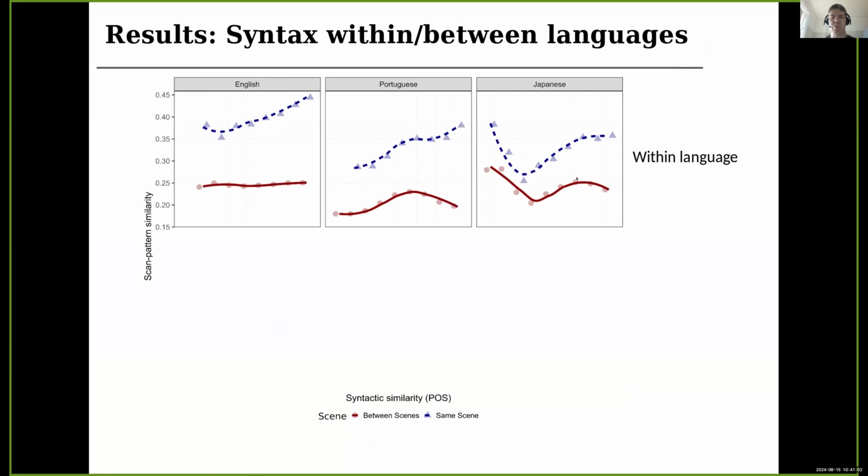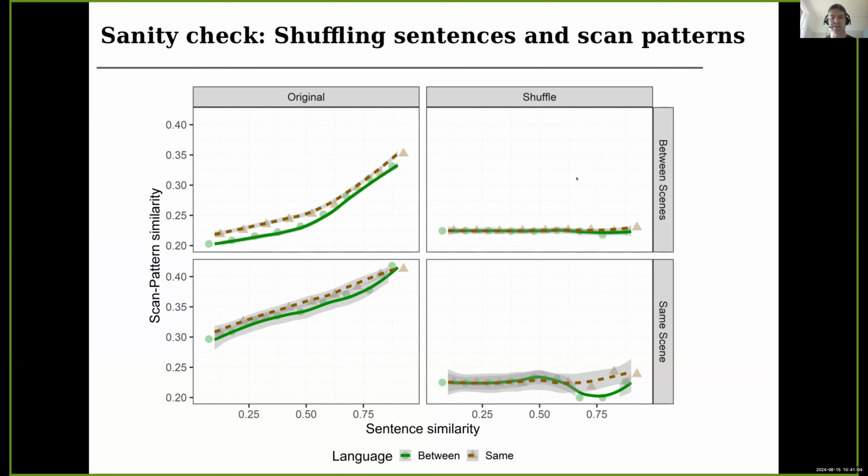Shuffling means that we're now pairing scan patterns and sentences from different scenes. And this is what's going on here. The effect completely goes away. Right, so this is the effect from the previous slide where the scan pattern is associated with the sentence from the same scene. And this is if we shuffle scan patterns and sentences. Okay, this is a sanity check.